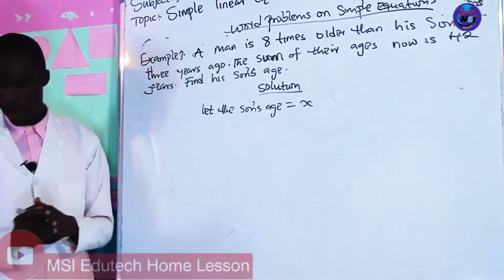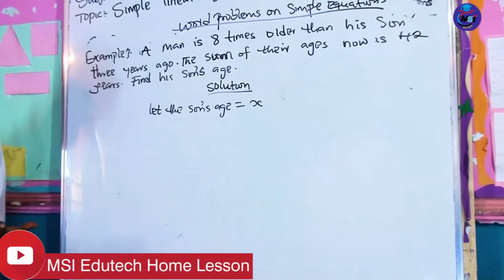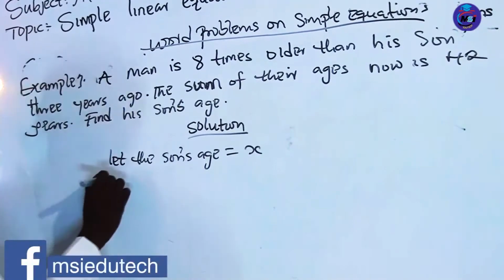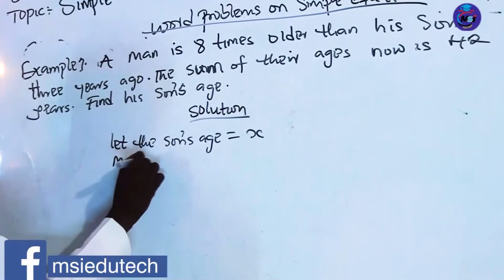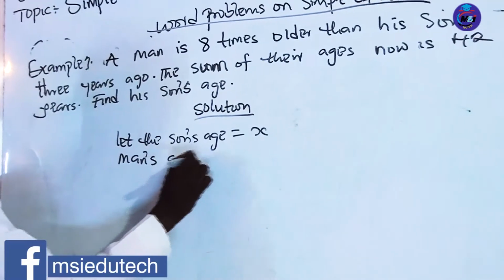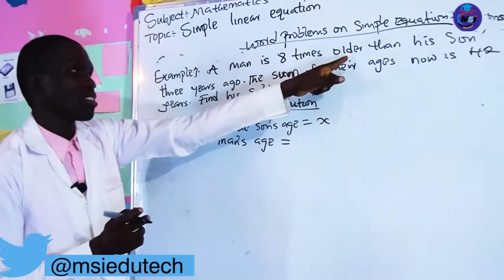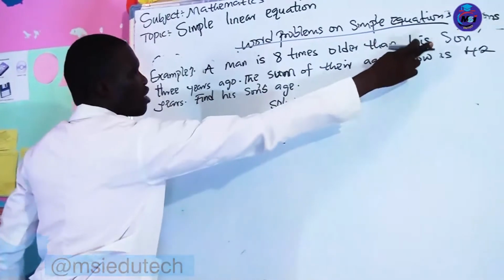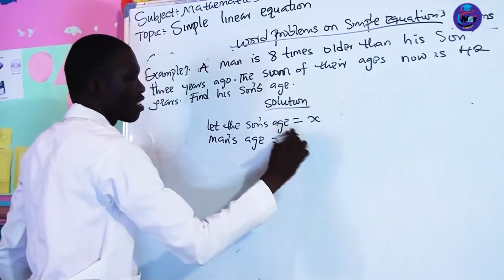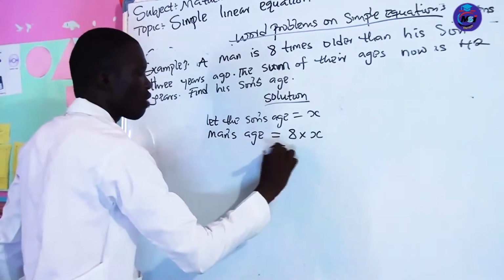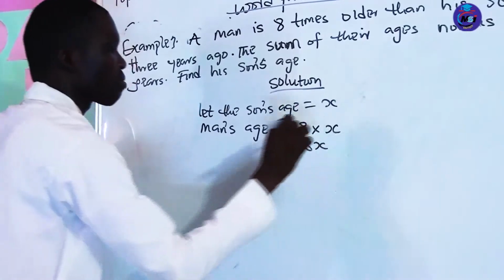Am I right? Okay. Now, we don't know the man's age. Man's age is 8 times his son's. 8 times x, which will give us 8x.